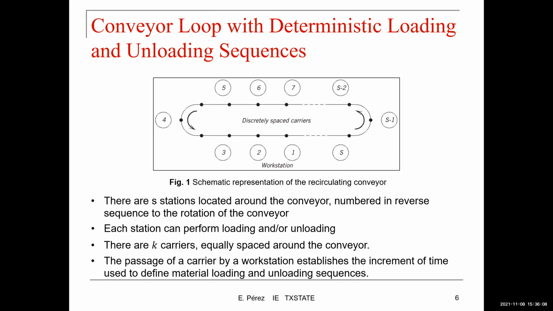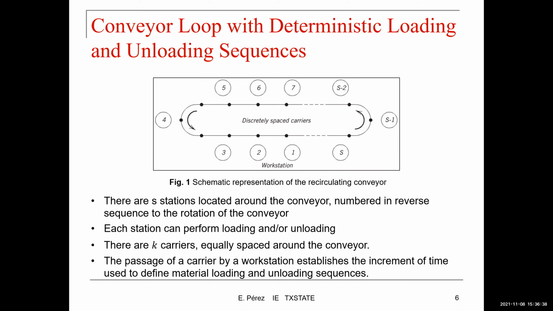The idea is knowing in each station where you're going to get a loaded part or an unloading process, and also knowing the number of carriers that you have in the conveyor. We wanted to compute the capacity of these carriers, so how many parts each one of these carriers must carry, and how much space you should have in each one of these carriers.